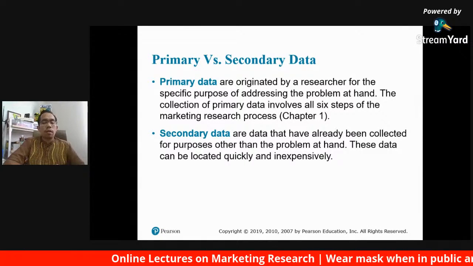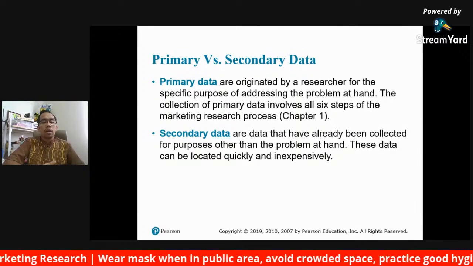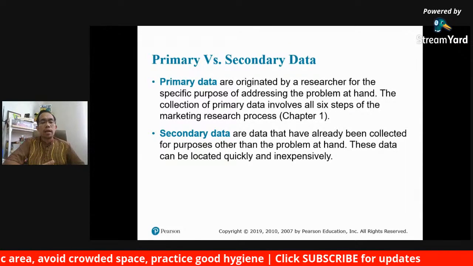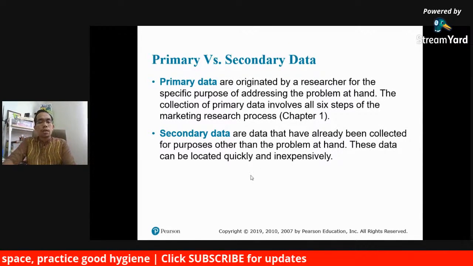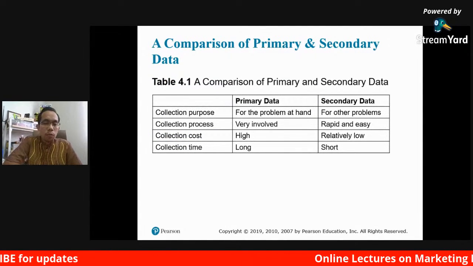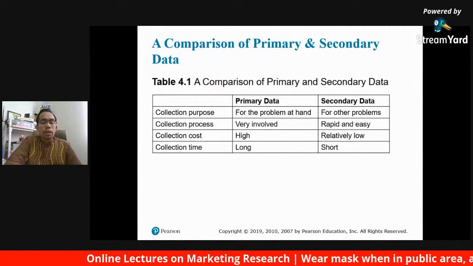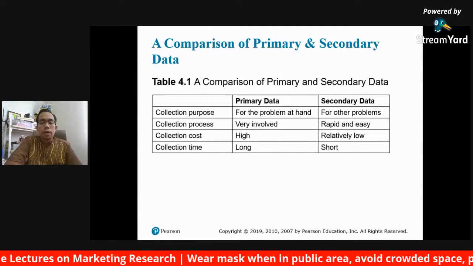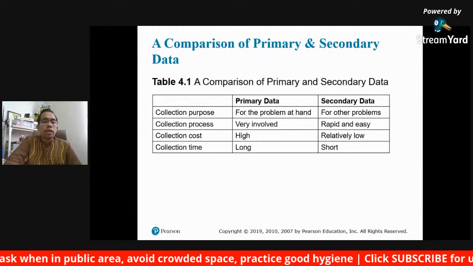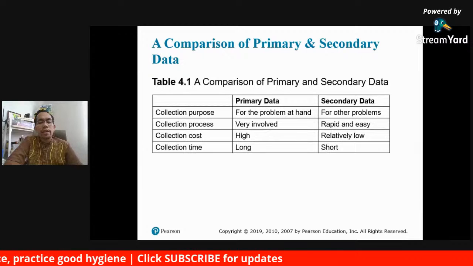So right now we know the basic differences, the key indicators to differentiate between primary data and secondary data. This is a comparison based on four particulars: in terms of purpose, process, cost, and time. The comparison between the primary data and secondary data.